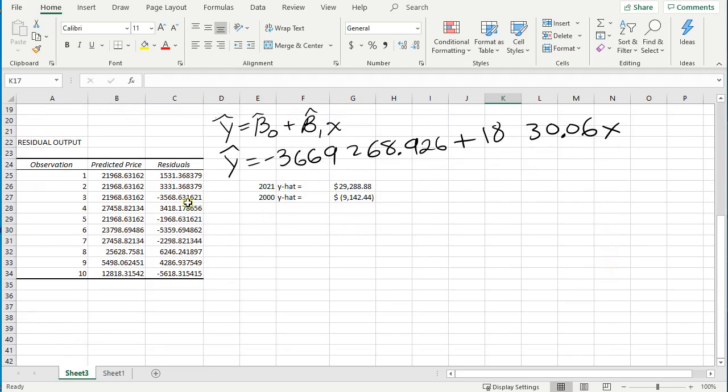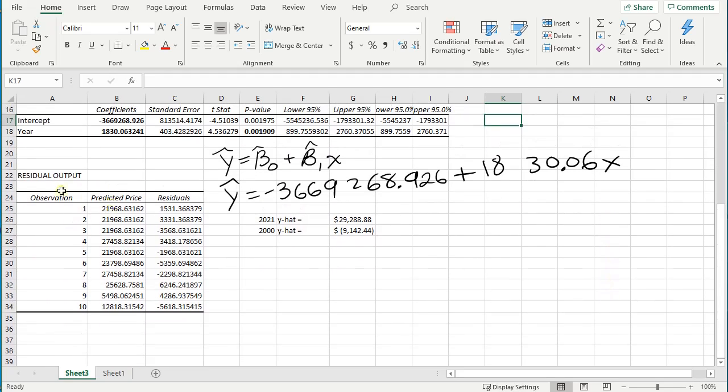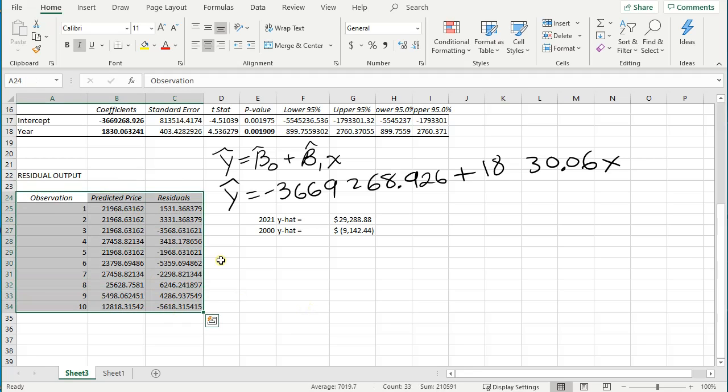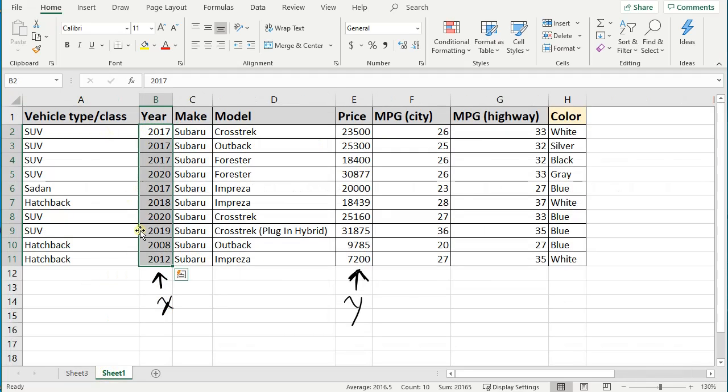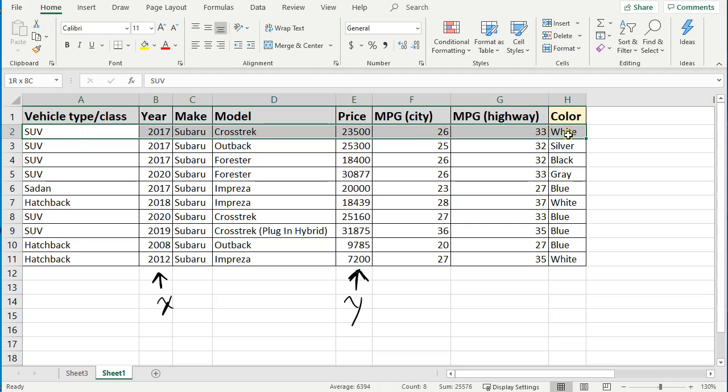That brings me lastly to this chart right here. It tells you the predicted price and the residual for every observation. The order of the observations is the same as the order of your observations here. This is the first observation, costing $23,500.